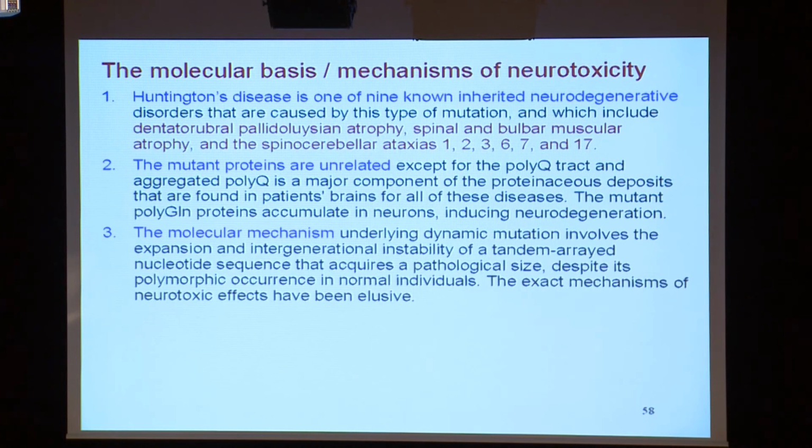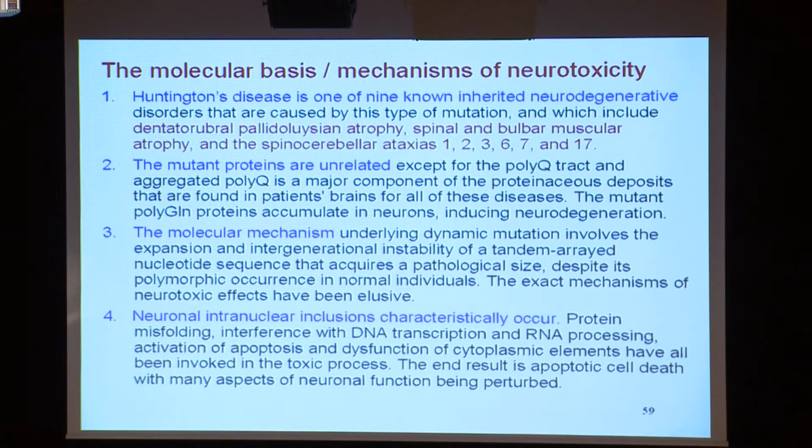neurodegeneration. So the molecular mechanism underlying this mutation involves the expansion and intergenerational instability of a tandem array CAG expansion in normal individuals, and the exact mechanisms of the neurotoxicity have been elusive.